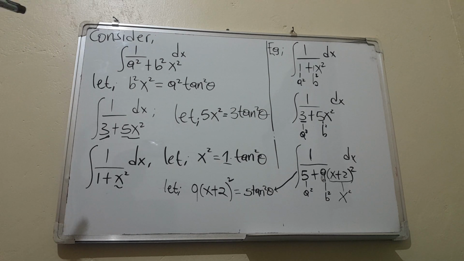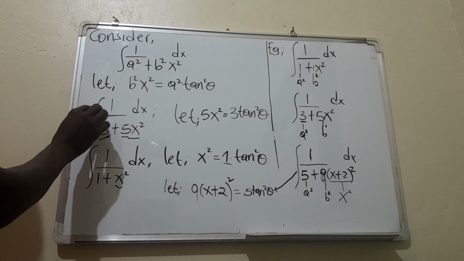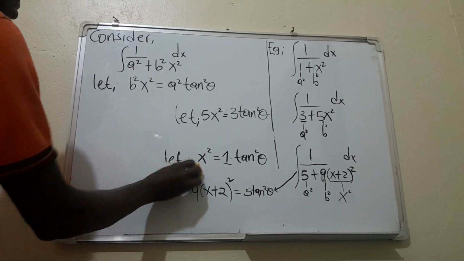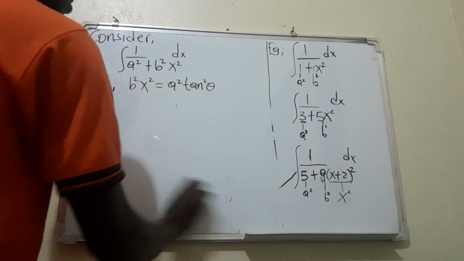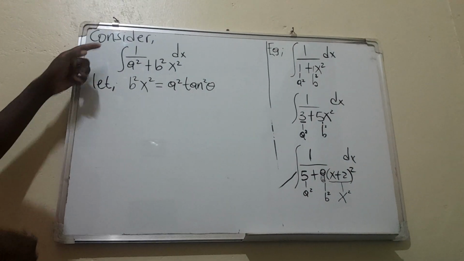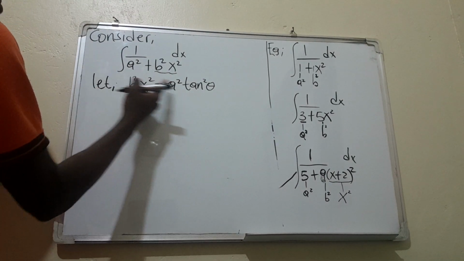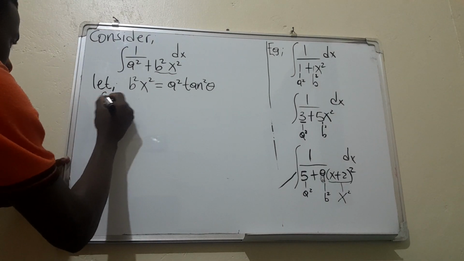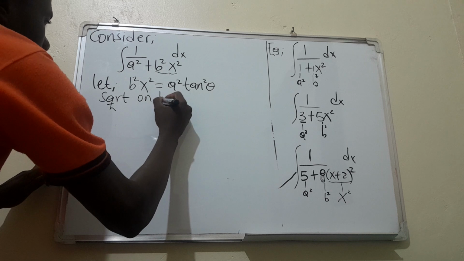Now let's go back to our required integral. So we want to evaluate this. I've said you let the term here be the term here multiplied with tan squared theta. After that, you apply square root on both sides.